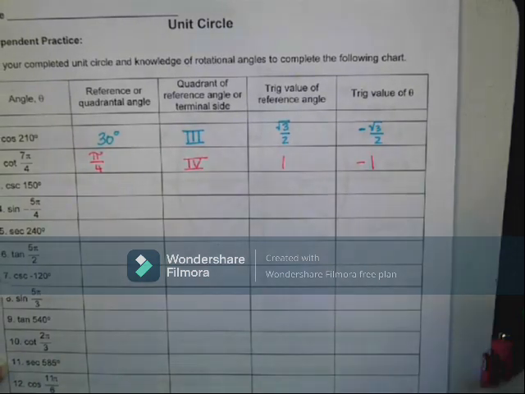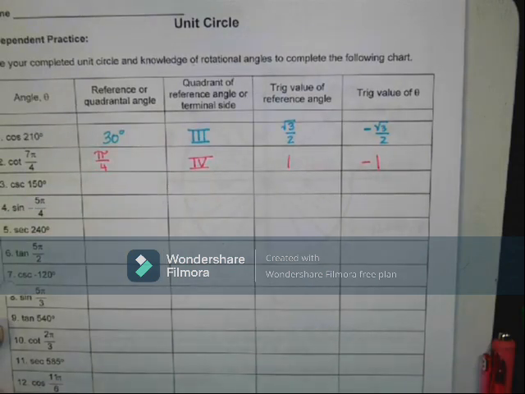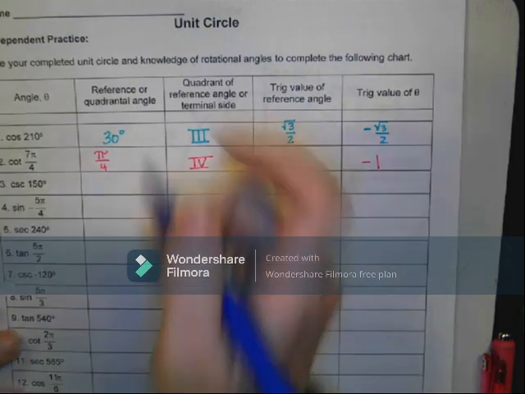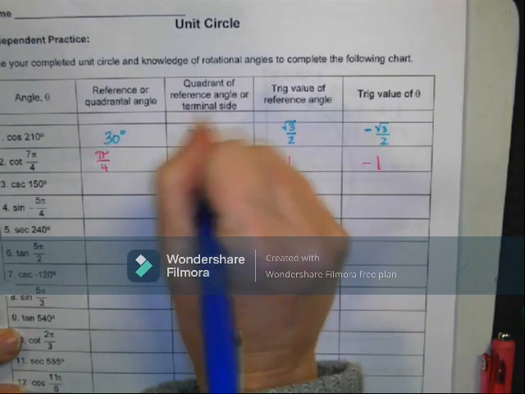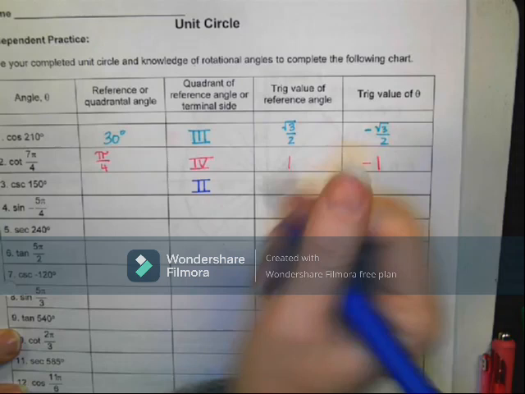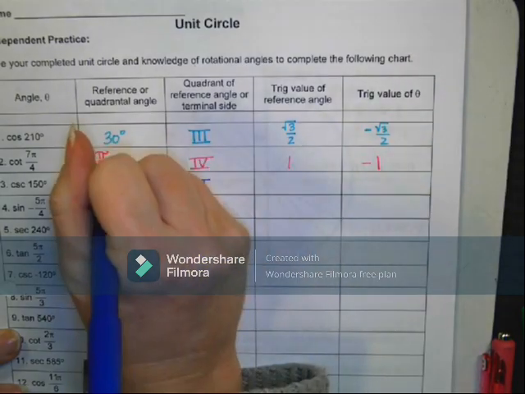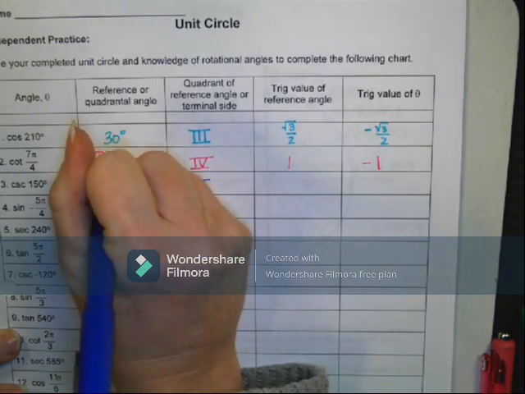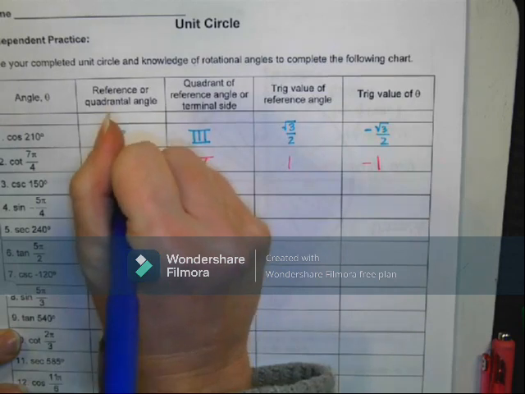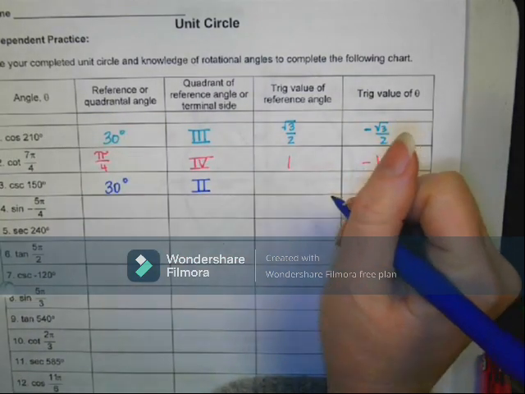Let's do cosecant of 150. What quadrant are we in? 2. What is your reference angle? 5 pi over 6? It's 30, but yeah, it's just a reference angle. But you're right, it's the same thing.